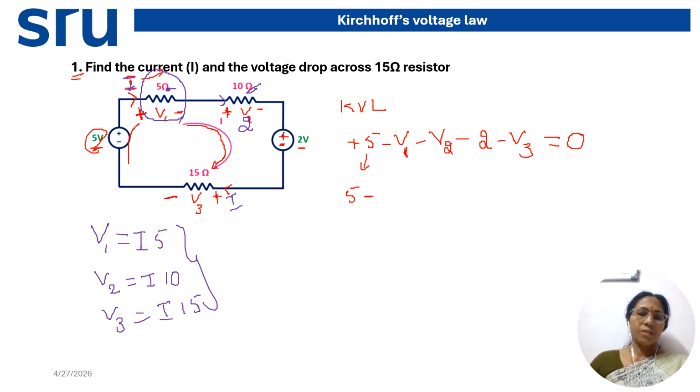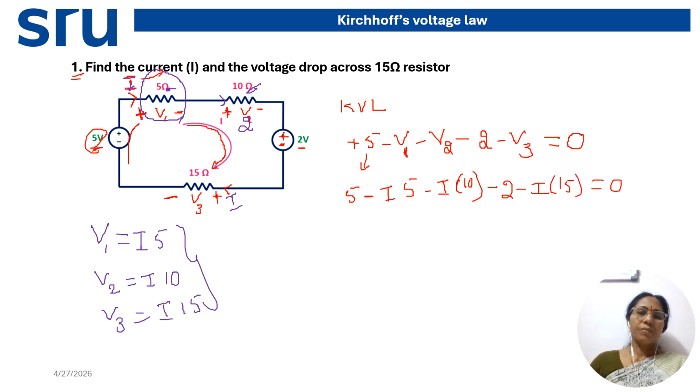5 minus I into 5 minus V2, which is I into 10, let me take in bracket, minus 2 minus I into 15 equals 0.